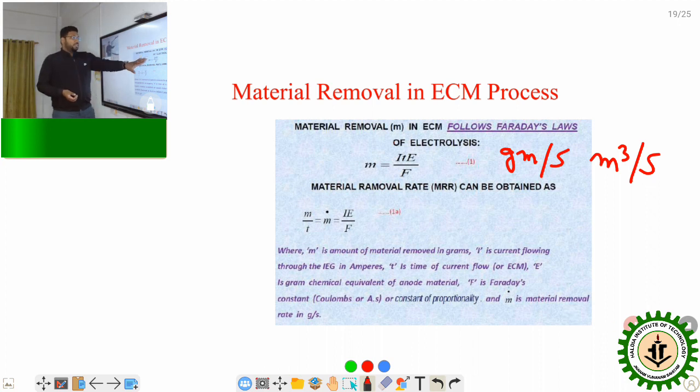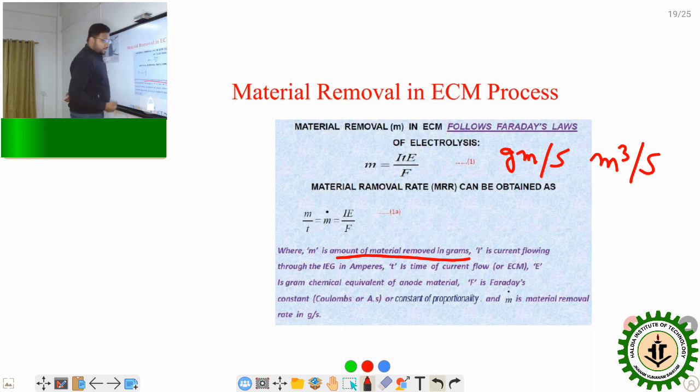So the material removal rate during the electrolysis process is M equals I T E by F, where F is the Faraday constant, and M is the amount of material removed in gram. So M is in gram, and this equation gives gram per minute or gram per second.